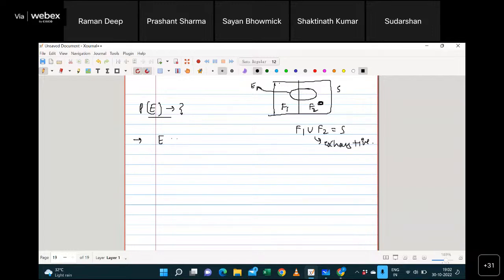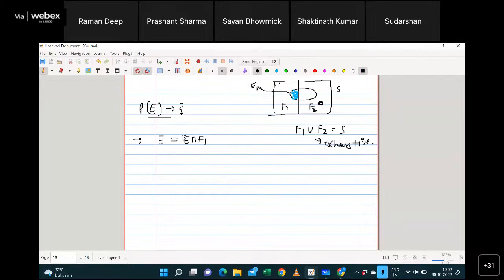How can we write the event E? I can write event E like this: E intersection F1. When E occurs, either E intersection F1 is occurring, then I can say E will occur, right?